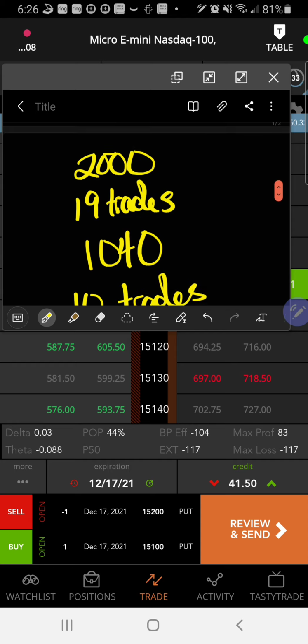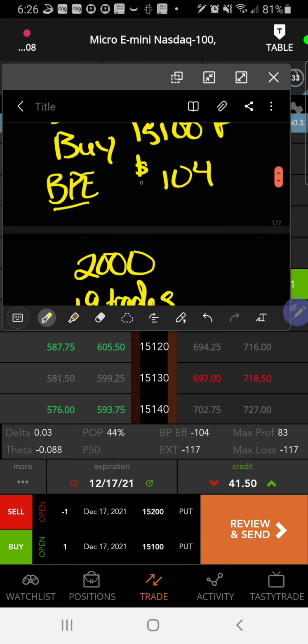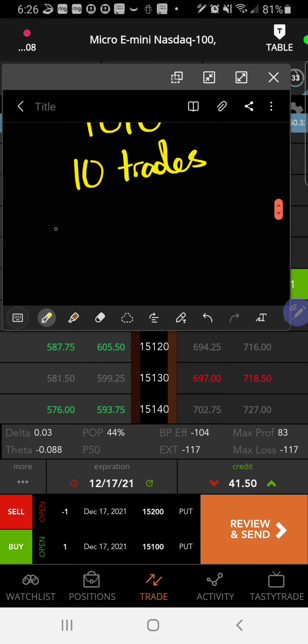Now, here's the deal. You have this amount, right? But as the stock continues to move downward, this is important, y'all. To me, it's more dangerous to continue to add to or gradually increase your quantity.